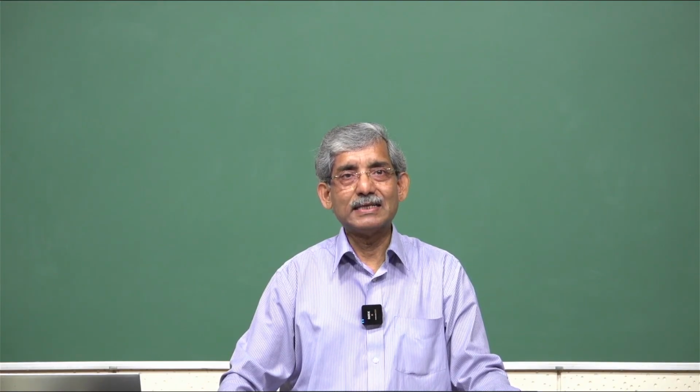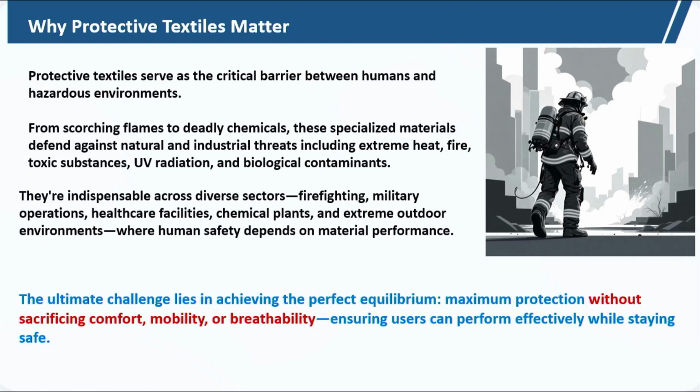The ultimate challenge in protective textiles is to achieve the perfect equilibrium: maximum protection without sacrificing comfort, mobility and breathability. That is the perfect requirement. We cannot sacrifice comfort, because if the protective textile is not comfortable, then people will not be able to perform at their optimum level.